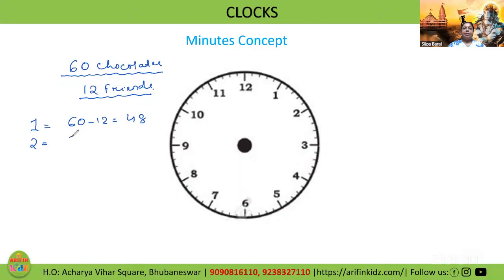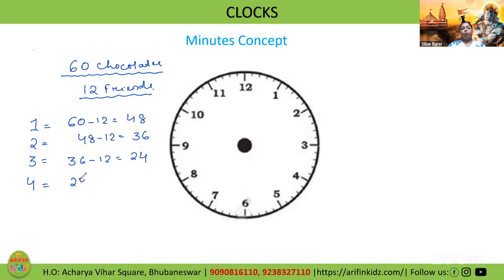See, this is 60 again. You are giving 12 chocolates, so 48 minus 12. How many chocolates are left, beta? 36. Then again, suppose you are giving the third chocolate. So 36 minus 12. How many chocolates are left, beta? 24. Then suppose you are giving the fourth chocolate.